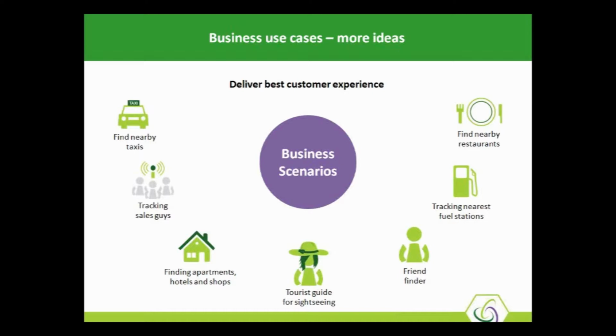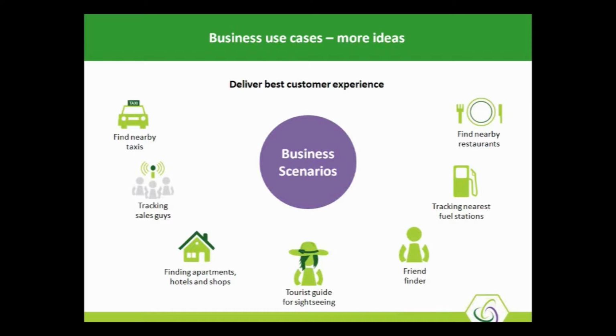Let's say if you are looking for apartments in some area, it will send all the vacant apartments near the place you are. And then there is this tourist guide application for sightseeing. It's another really cool application I have seen, especially if you are going to any unknown areas and assume that you don't have a good data connection. You don't have a very good internet connection. This sort of an application will come really handy.